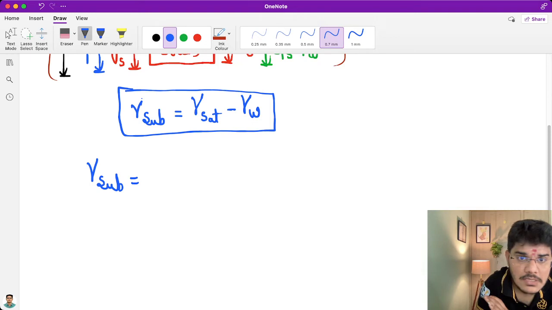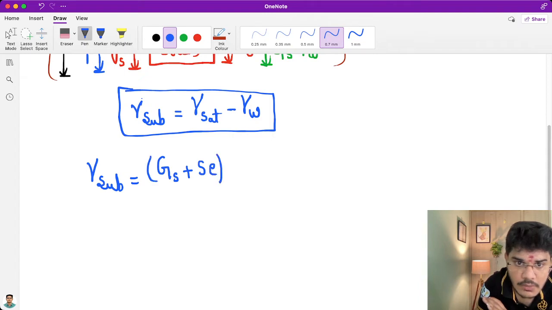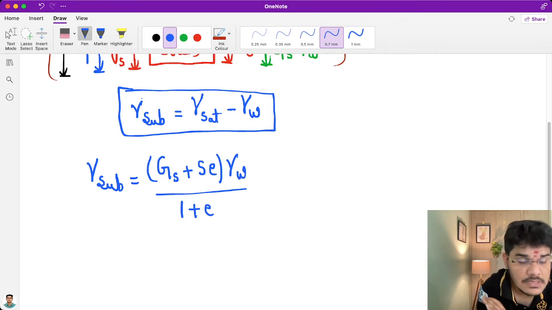We know the relationship: (G plus S e) into gamma W by 1 plus e, minus gamma W.